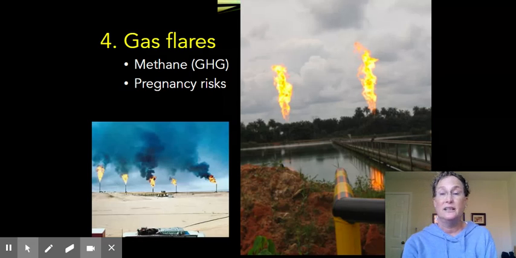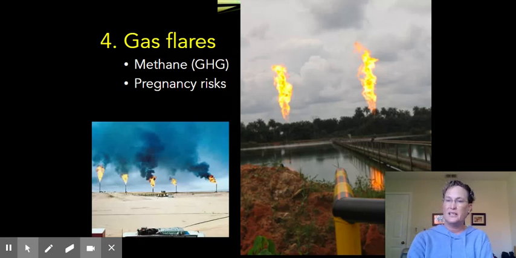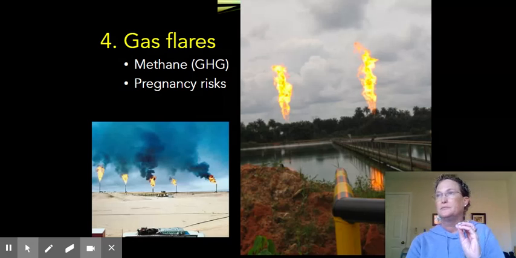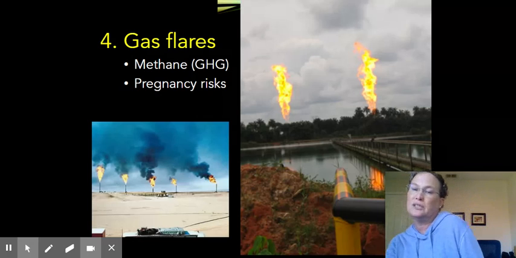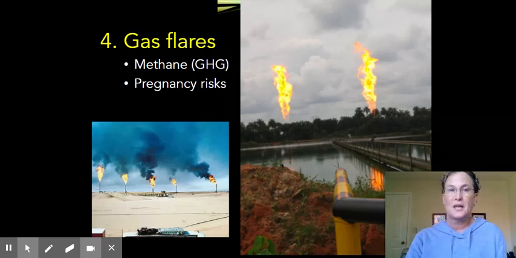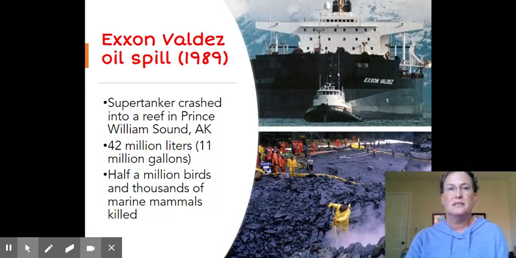Those kinds of things let off a lot of toxins, and people that are pregnant are uniquely and very much more sensitive to these kinds of things. So that's one of the disadvantages.